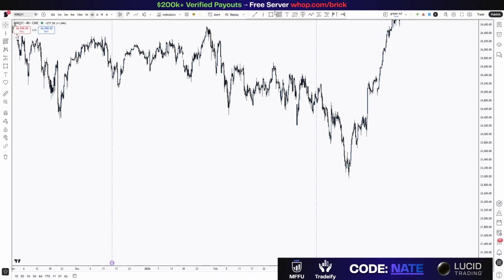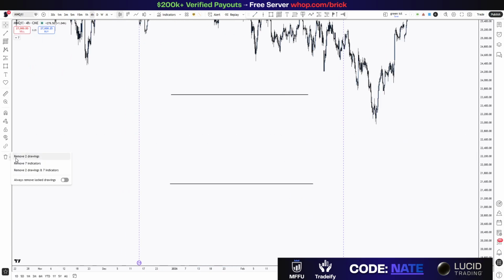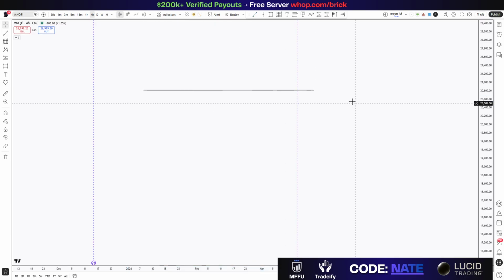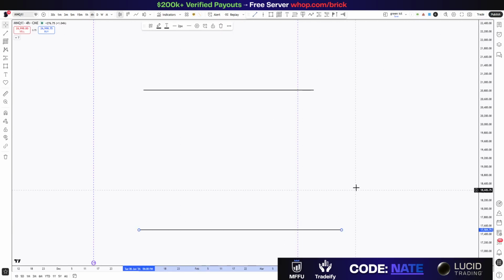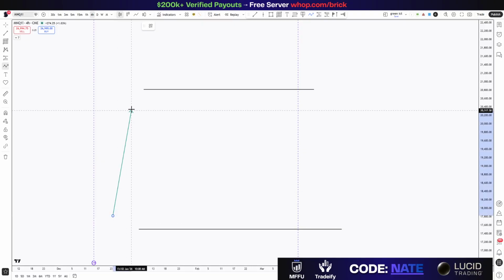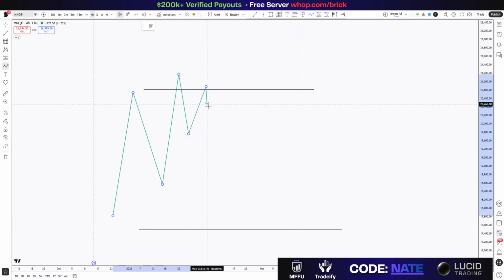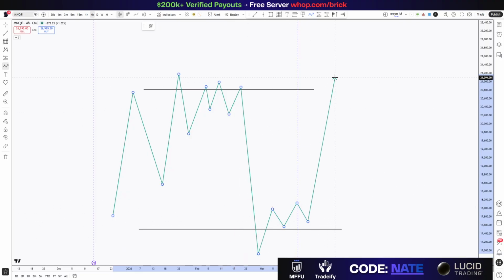So remember, how I trade is we have some sort of range. Actually, let's draw it much lower. We have some sort of range here, highs and lows, and price is just oscillating between highs and lows. And where I'm looking for these opportunities, right? The market's ranging.